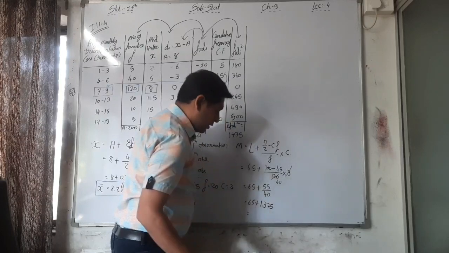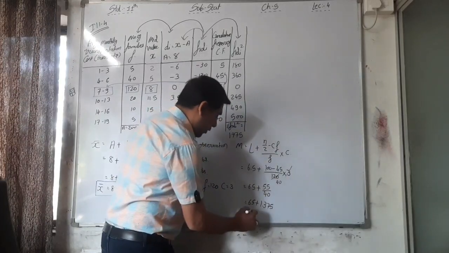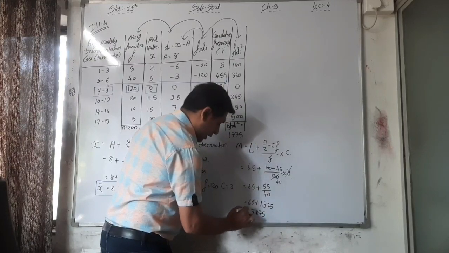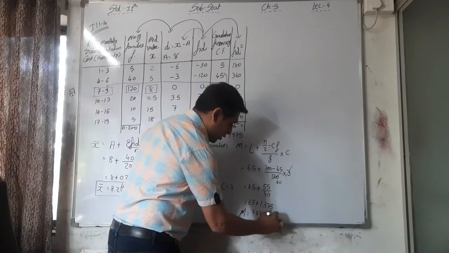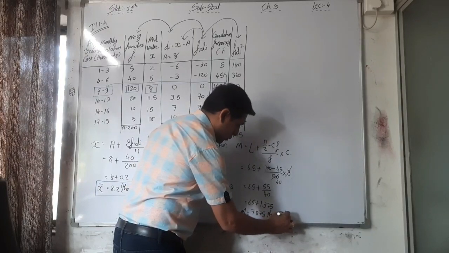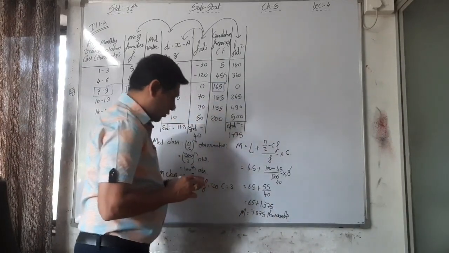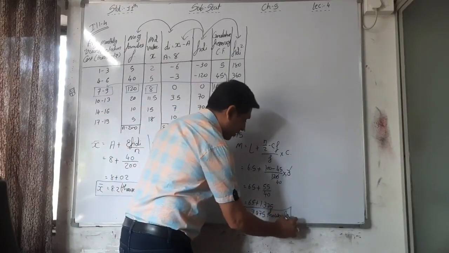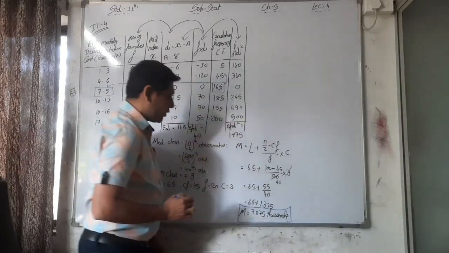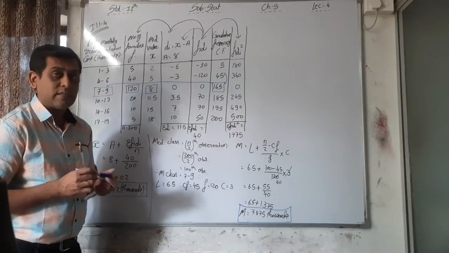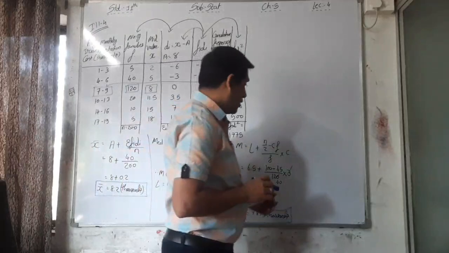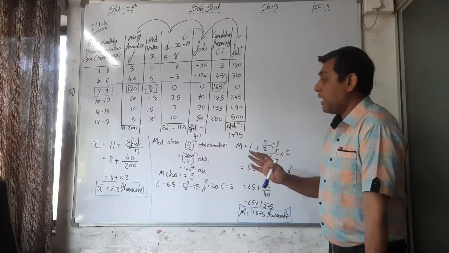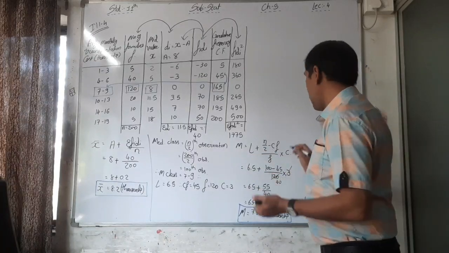The answer is 7.875, that is the median in thousand rupees. So we find that M is equal to 7.875, or you can say 7.88. Here we have found the value of the mean as well as the value of the median.